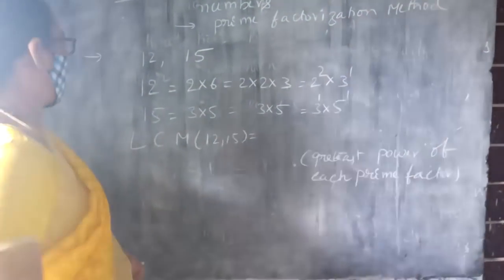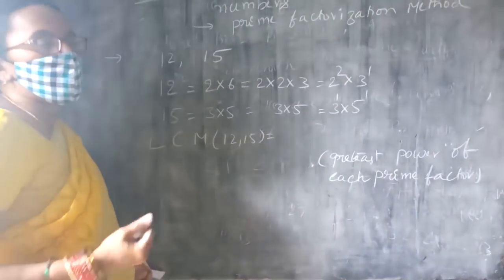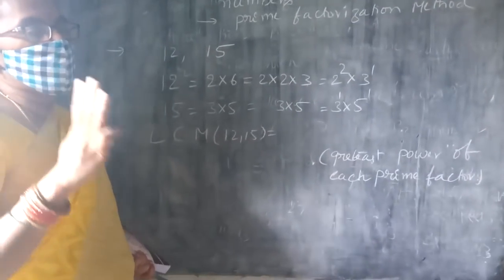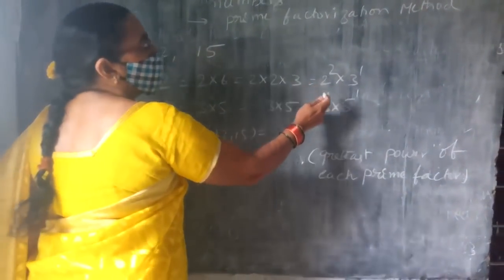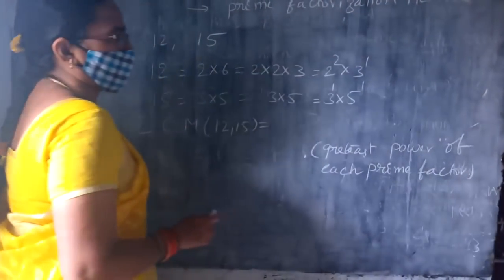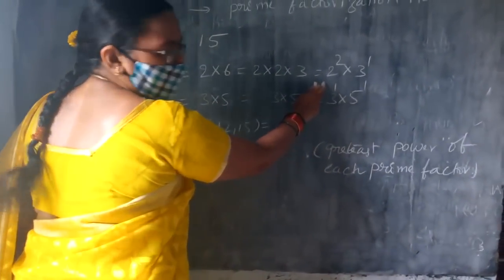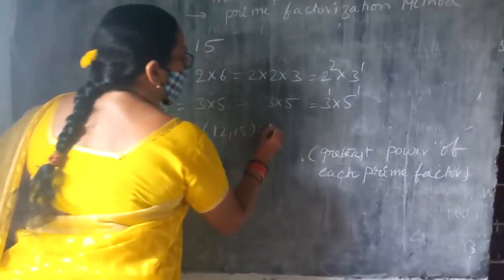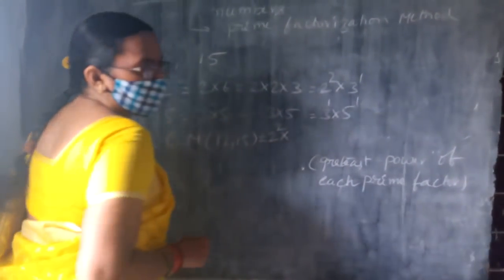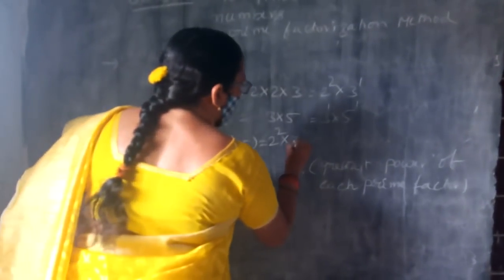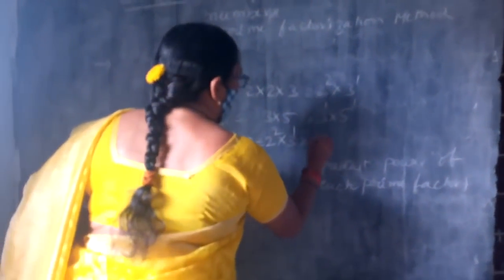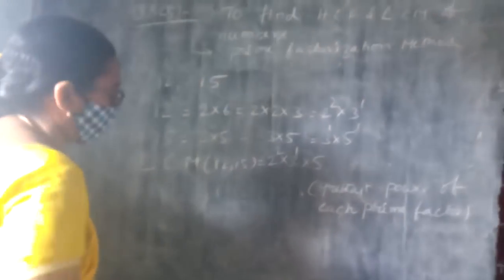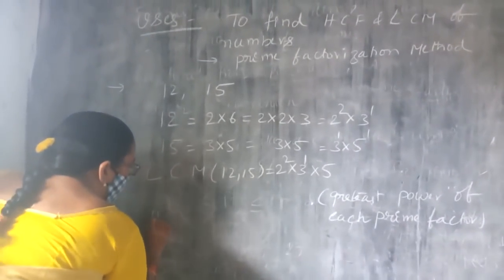Here in these two numbers we have only three prime factors: 2, 3, 5. What is the greatest power of 2? 2 square. What about 3? 1. What about 5? 1. This is the LCM.